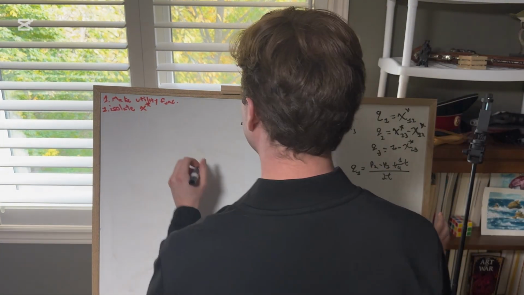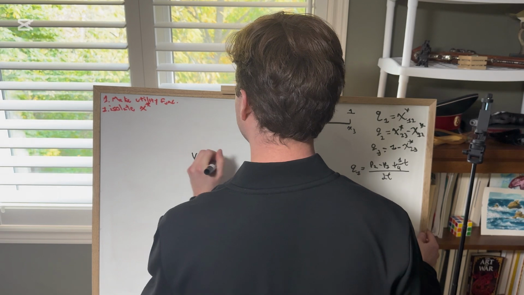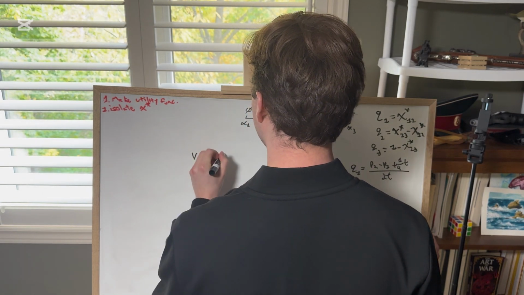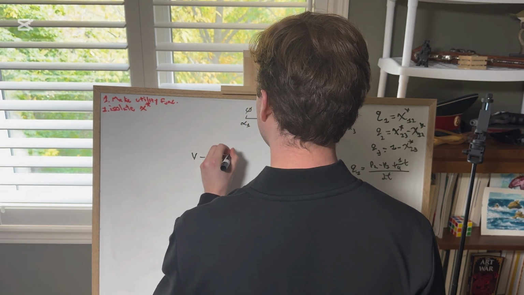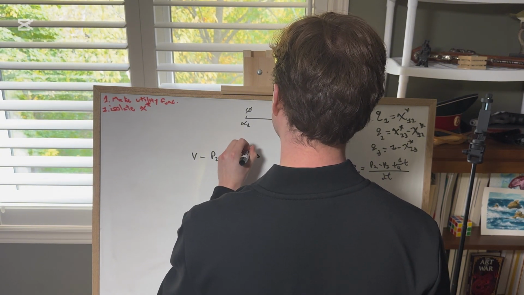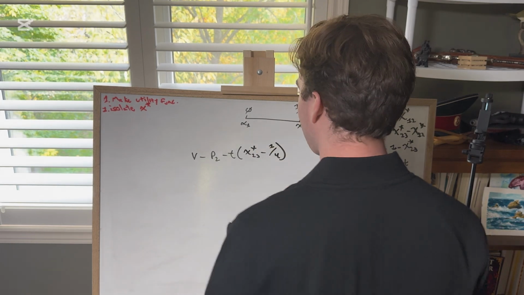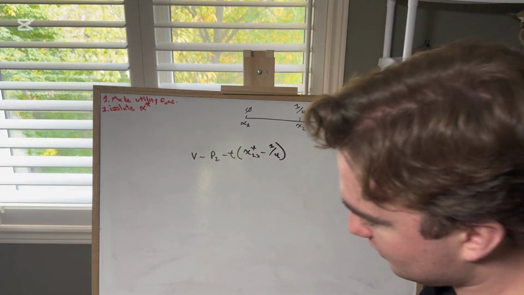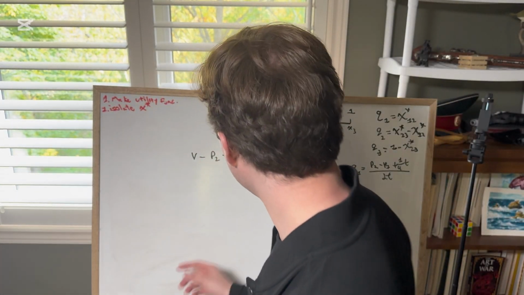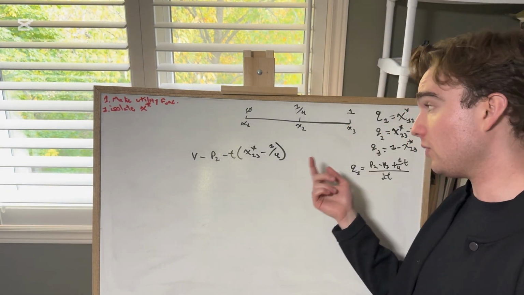Okay, so I'm going to always write the V's. You don't have to write the V's. Less P2, less T bracket x23 less 1 over 4. Okay? So that's now x2. Notice that this wasn't the same when we were doing it the last time.